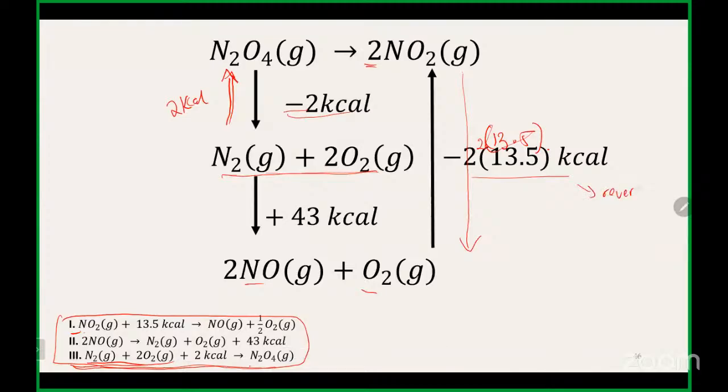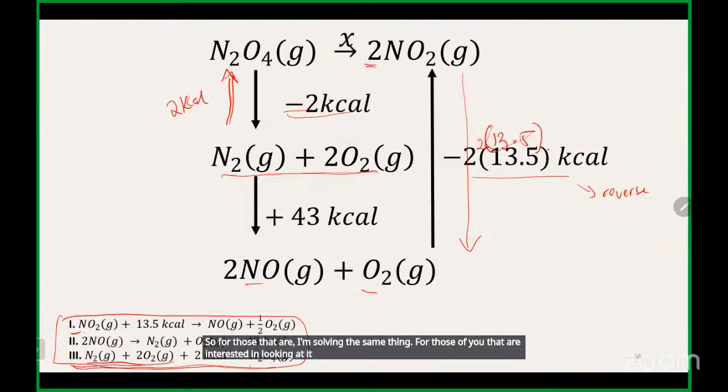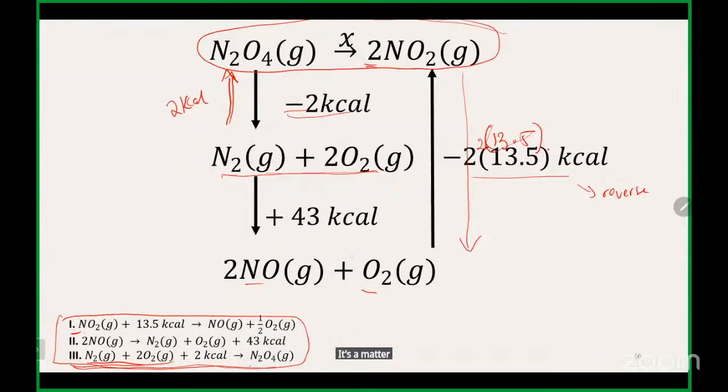For those of you that like to draw things out, that's another way to look at it. So we are interested in finding the delta H of this reaction. It's a matter of just summing up all things.